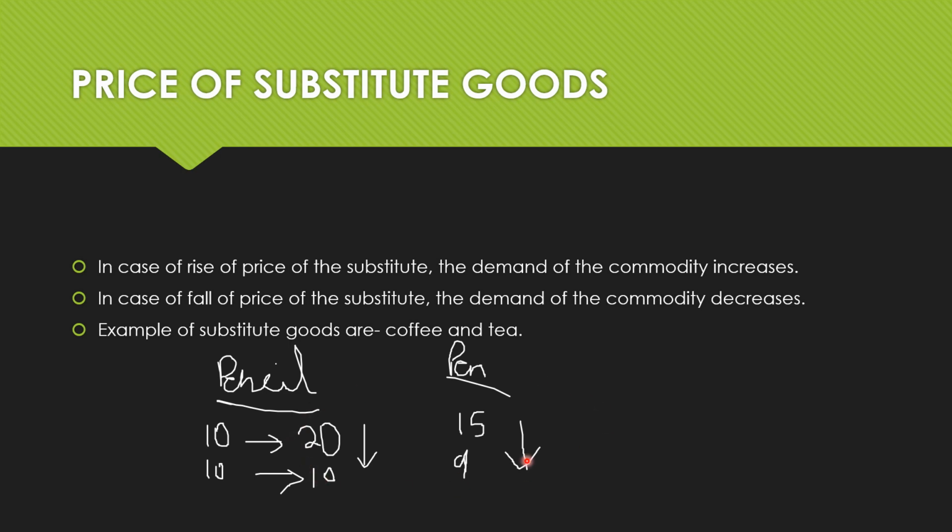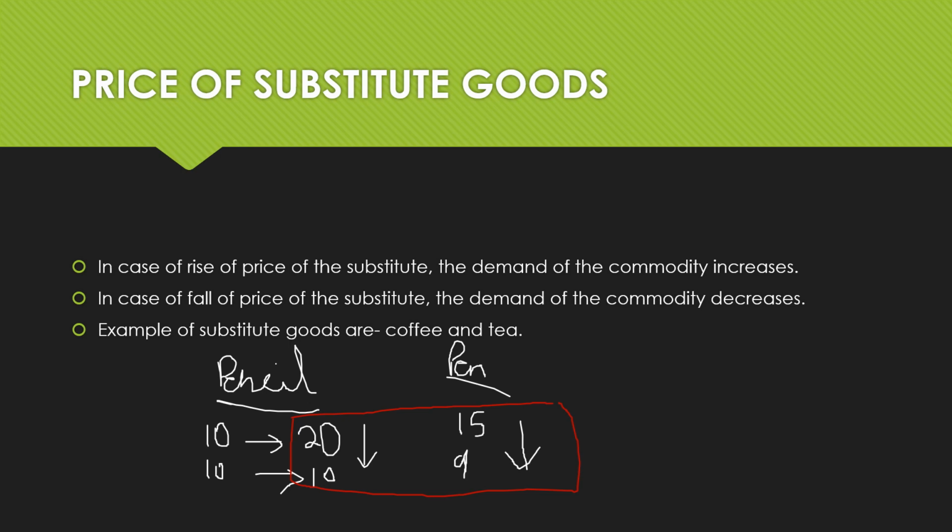So by this, what do we understand? Let us look at only this particular scenario. We understand that whenever the price of a substitute falls, and the pen is a substitute in this case, the demand of the commodity also falls.